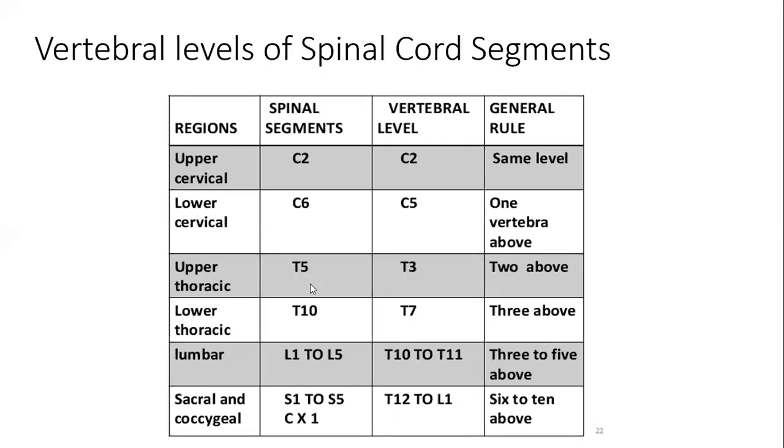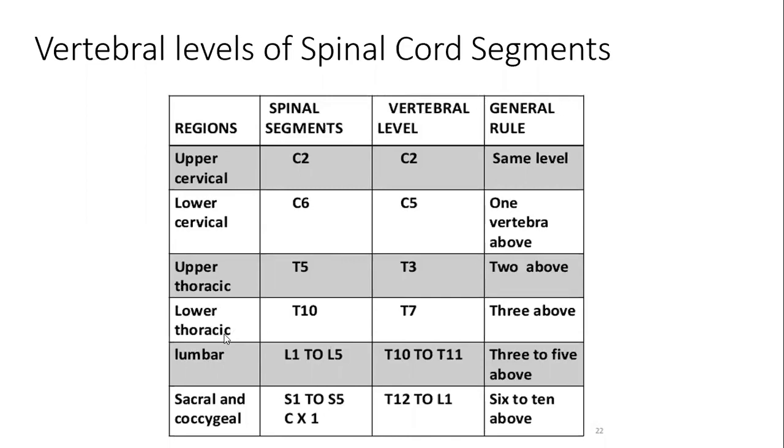Let's compare the levels of the spinal cord segments in the thoracic region. In the upper thorax, the fifth thoracic spinal cord segment lies at the level of two vertebrae above it, that is the third thoracic vertebra.